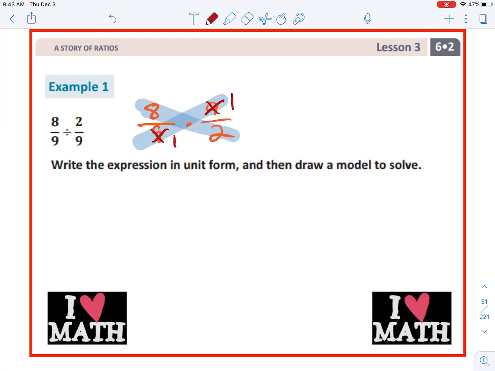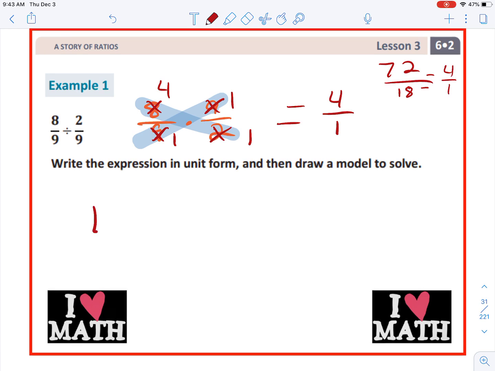The 8 and the 2 both can be divided by 2. So I get 1 and 4. I multiply across and I get 4 over 1. If I didn't multiply across, I would have gotten 72 over 18, and this would have simplified to 4 over 1 as well.